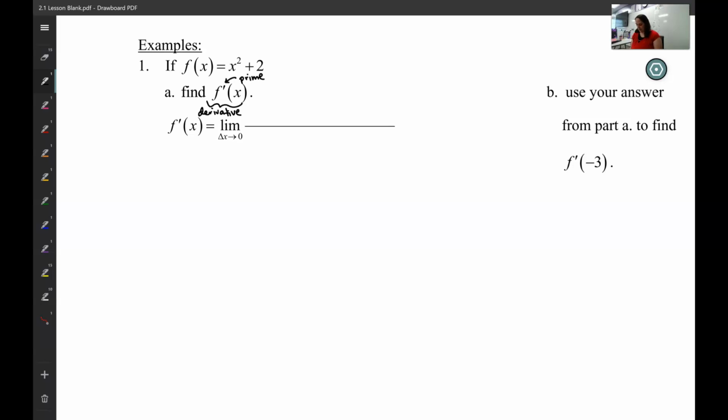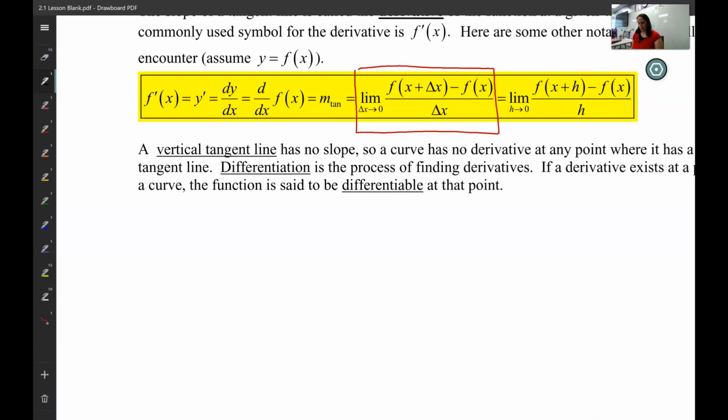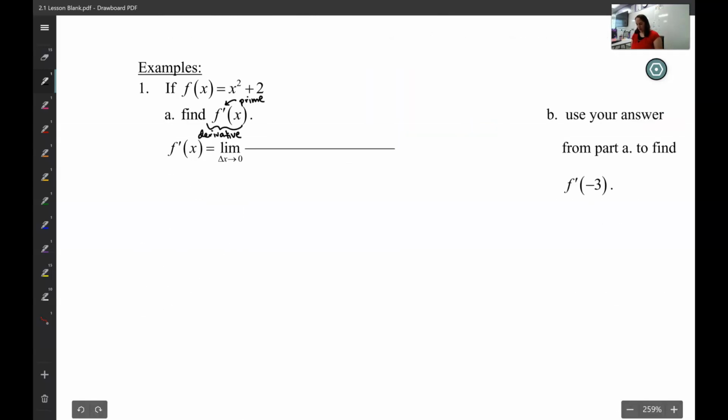That means, if I go back up to my definition right up here, I need to find f of x plus delta x. I need f of x, and then I always have delta x in the denominator. So f of x plus delta x, that means plug this in for x there.